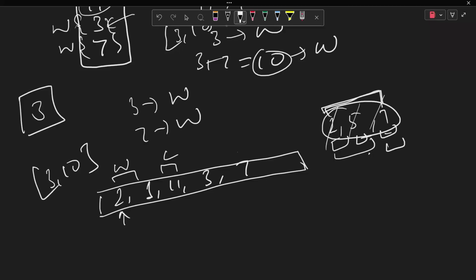So from this array you actually have to form some non-intersecting groups. You have to form some non-intersecting groups with sum in the range of L to R. So the sum of all of those groups should be in the range of L to R, and you have to maximize the number of groups.